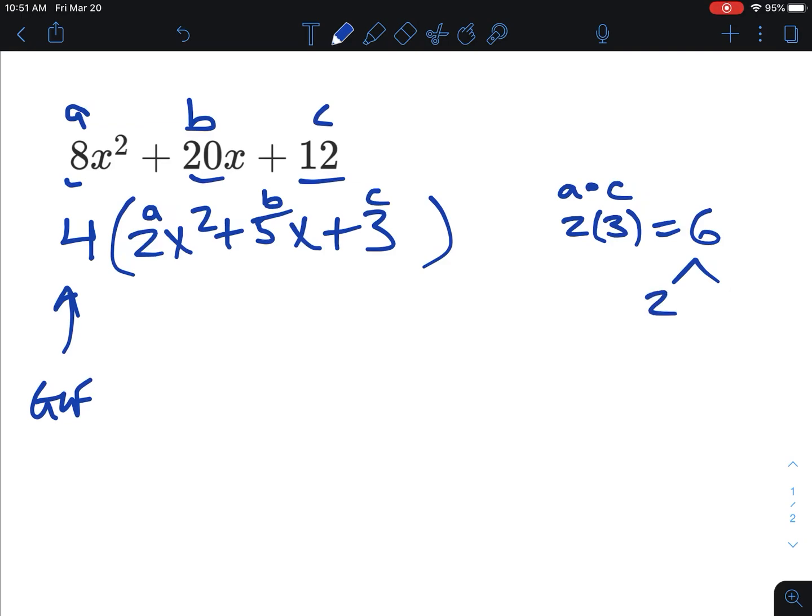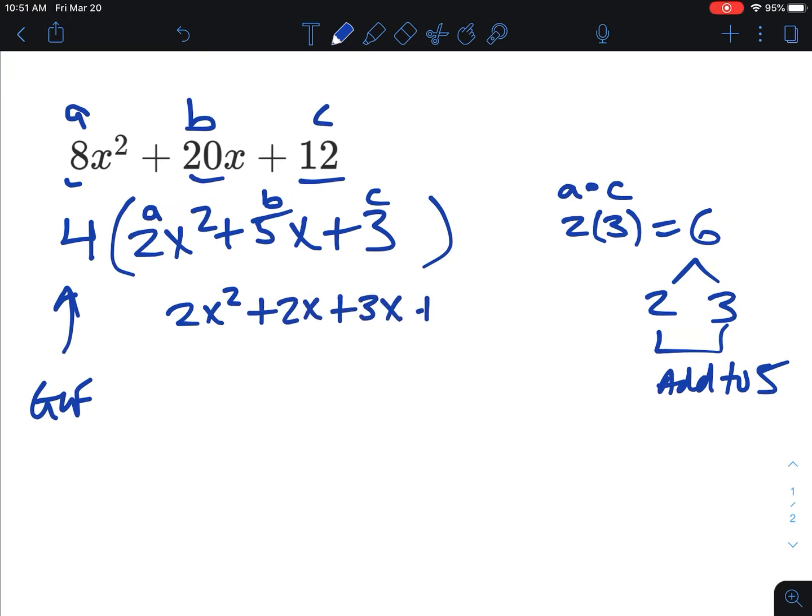So that would be 2 and 3. It's actually the same ones we already have, because those two add to 5. So we're going to rewrite this as 2x squared plus 2x plus 3x plus 3. Inside those parentheses still, and the 4 is technically still there. So all we've done is we've taken 5x, called it 2x plus 3x.